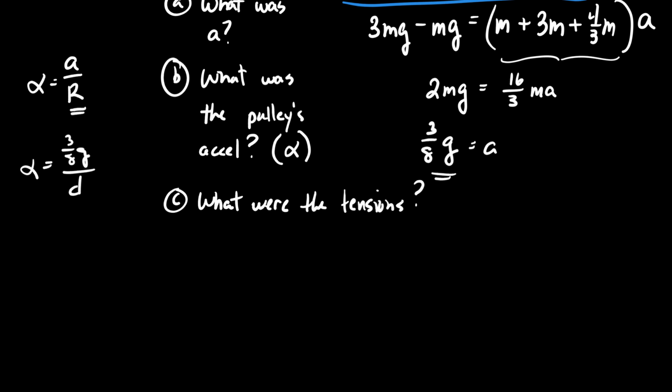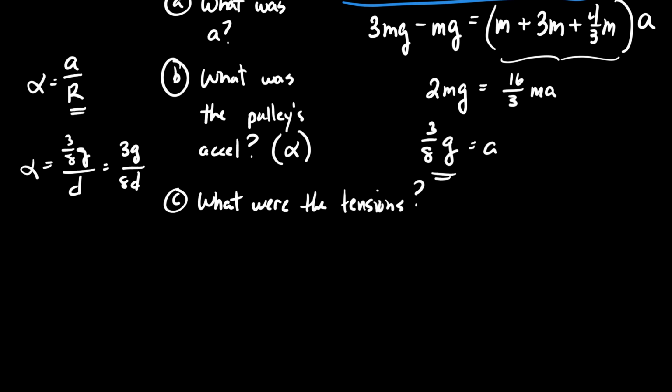Now, I probably wouldn't leave it looking like that because that's pretty hideous. I would probably write this as 3g over 8d. Good so far?